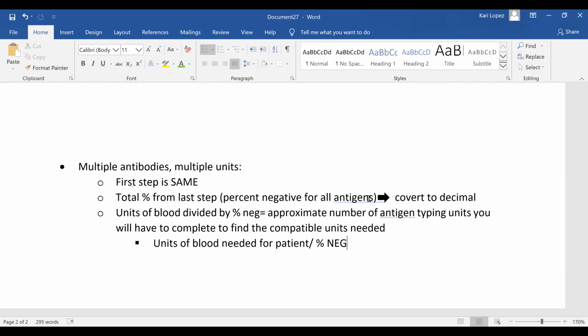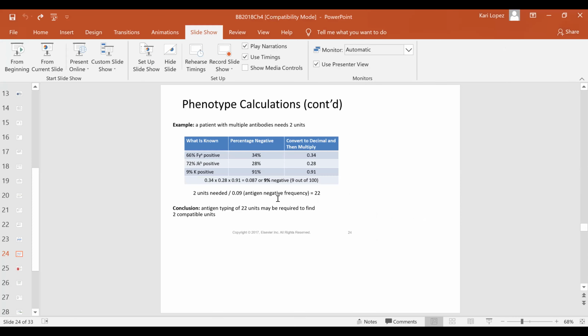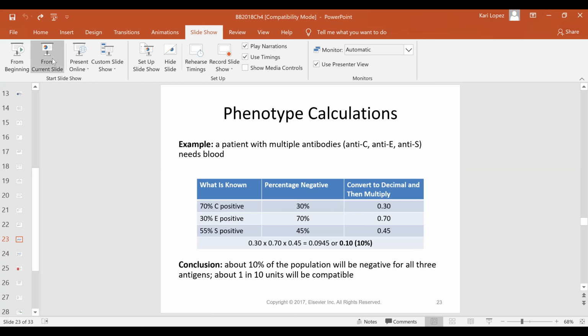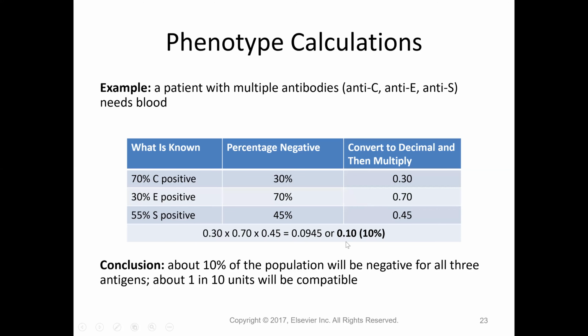So do it for, let me share the other one again. So do it for this one. So if you have 0.10 or 10%, then what? You divide that by 2? Well, 2 divided by 0.10.